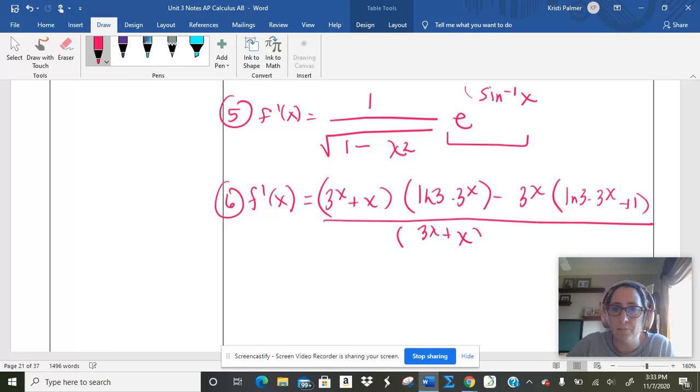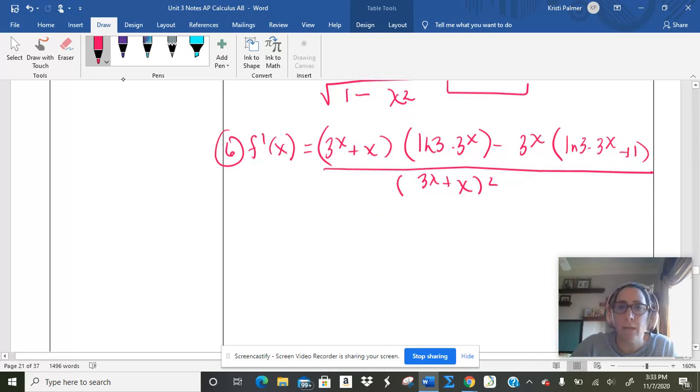X plus x. Okay, on this one, I'm going to go ahead and pull out that 3 to the x. And then, so I took that out from both of them, and then I'm going to distribute here.